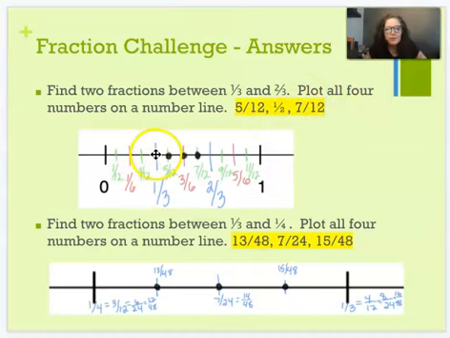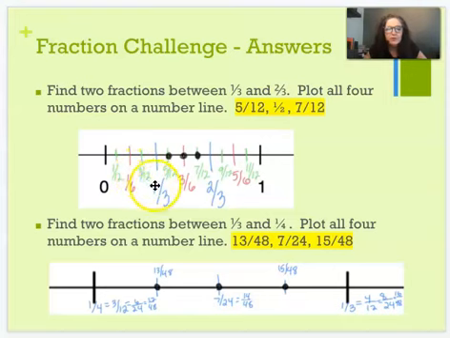How I did that was I found 1/3 and 2/3. Then I split each one of those thirds in half, which gave me 1/6. Then I split each one of those in half, which now my number line was in 12ths. So I labeled all of those 1/12. This was already labeled 1/6, which is the same as 2/12.